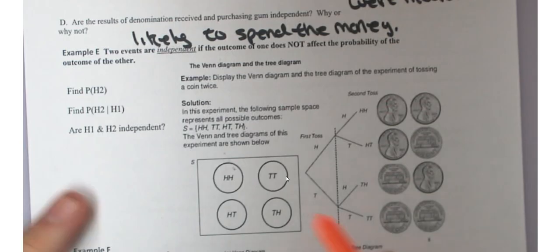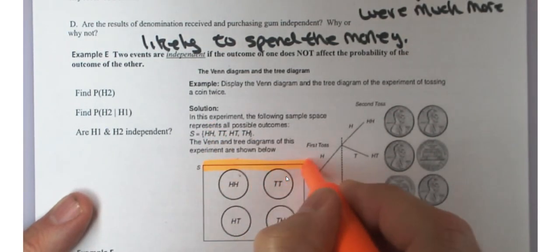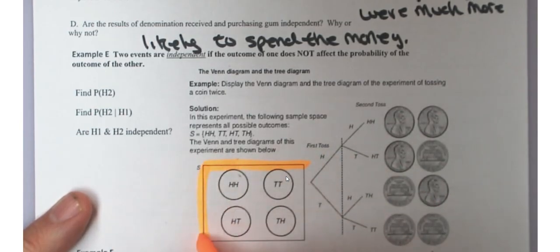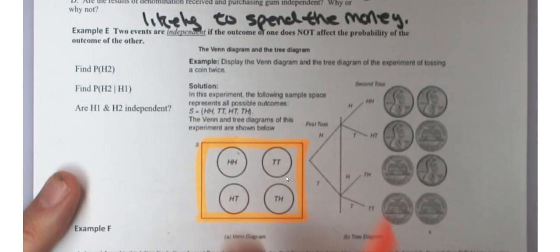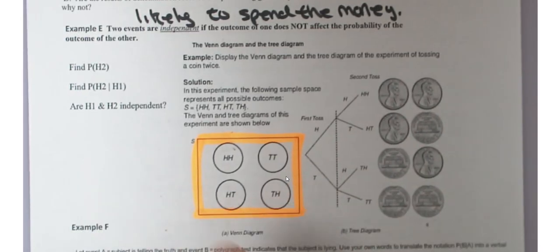So here they all are. What's this S stand for here? Sample space. This is the space of all things that can happen when you flip 2 coins. Now you can look at it in terms of this, your sample space here, or you can draw a tree diagram. So that's okay as well.